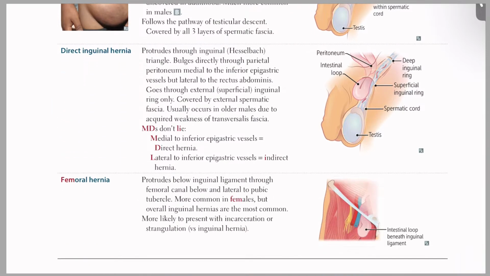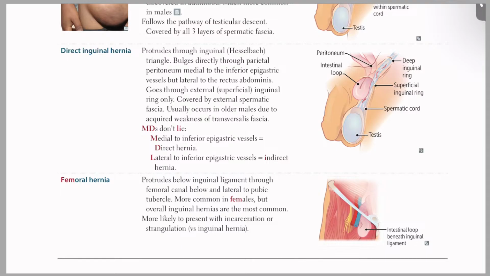Direct inguinal hernia protrudes through the Hesselbach triangle, bulges directly through the parietal peritoneum, medial to the inferior epigastric vessels but lateral to the rectus abdominis.